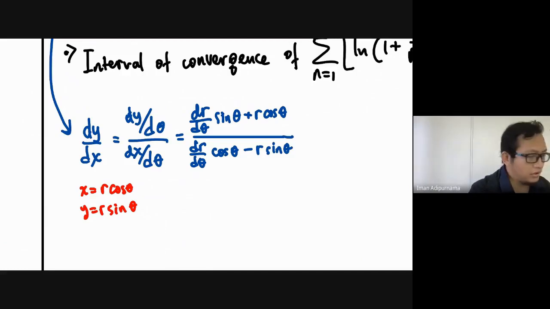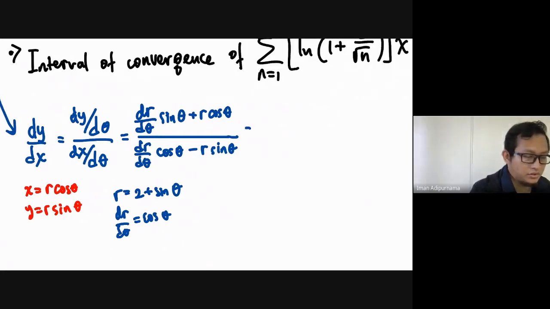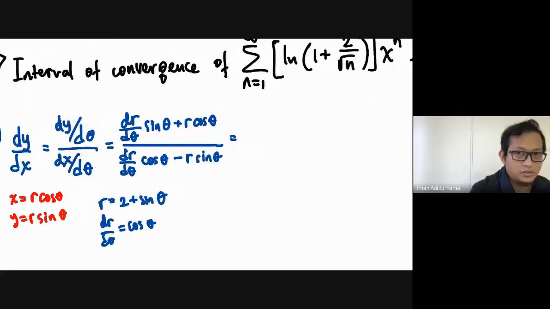Okay, now we have r is 2 plus sine theta. So dr/d theta is just cosine theta. So we are using that information in our solution.